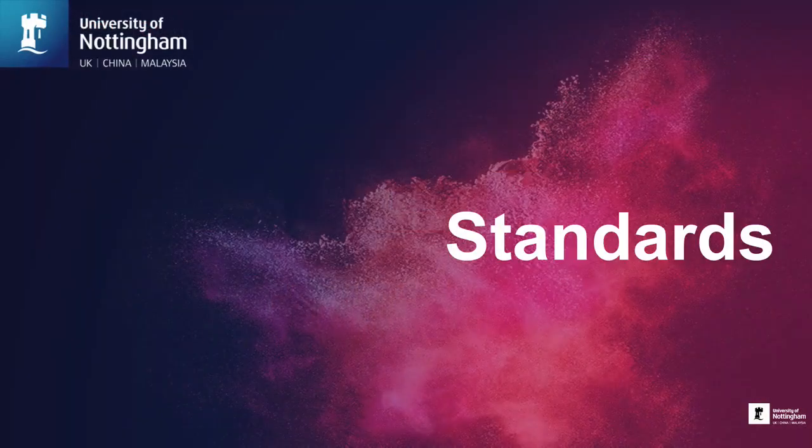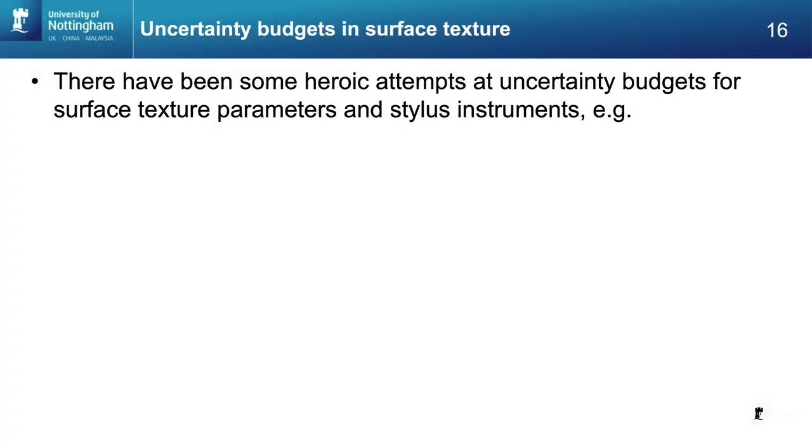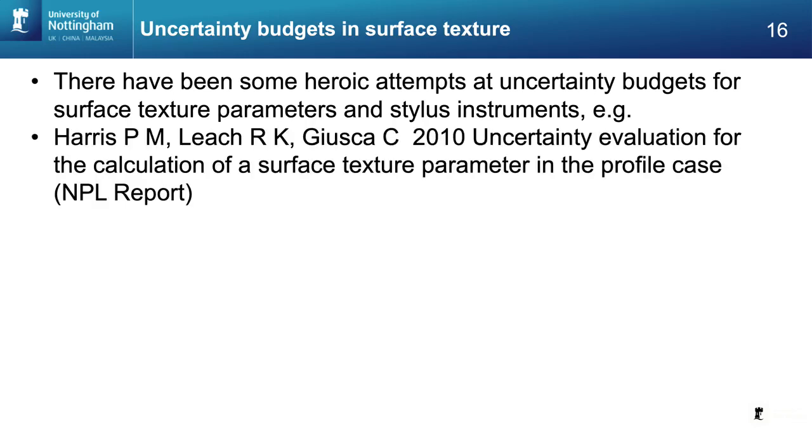Okay, let's just have a look at what the standards are for uncertainty measurement in surface topography. So uncertainty budgets in surface texture are extremely rare, but there have been some heroic attempts at budgets with contact stylus instruments at least. I had a go at this in 2010. We produced an 80-page report just looking at one surface texture parameter.